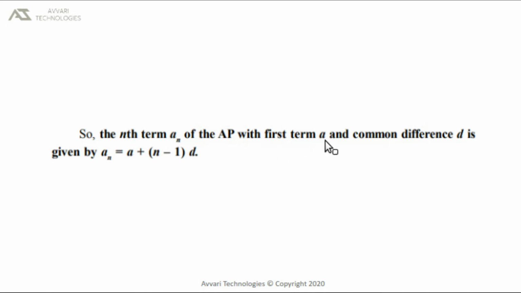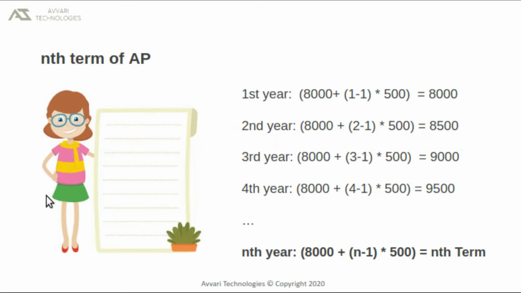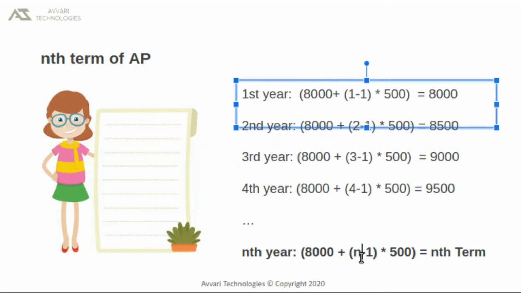If we compare the previous example, the first term is 8,000 and the common difference is 500. The equation is given by an is equal to a plus n minus 1 into d. This is consistent with our example. Here a is 8,000, d is 500, an is the nth term.